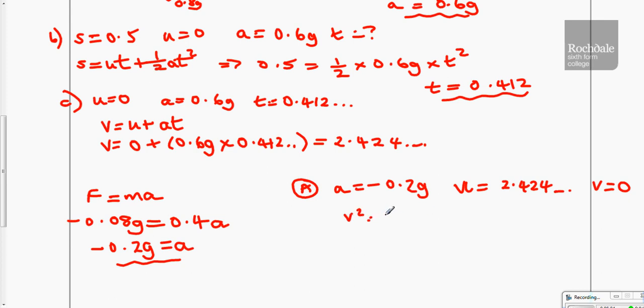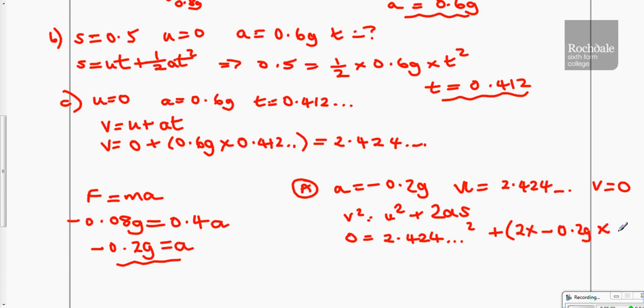Well, if we use v squared equals u squared plus 2as, v is 0, u is this value here that we've got in our calculators, and then we've got minus 0.2 g for the acceleration, and s is what we want to know. Now, if you go ahead and solve that equation, s actually works out to be 1.5 metres.